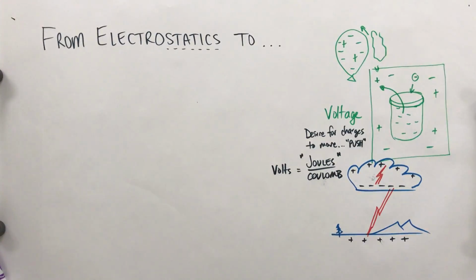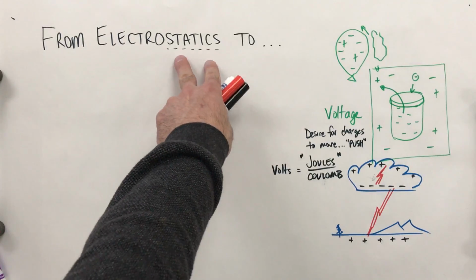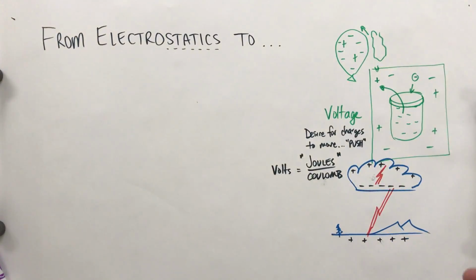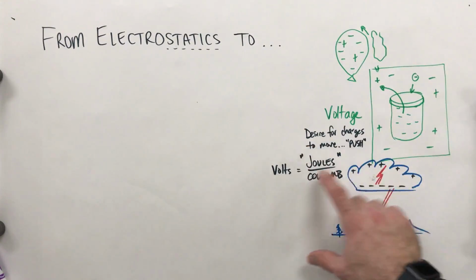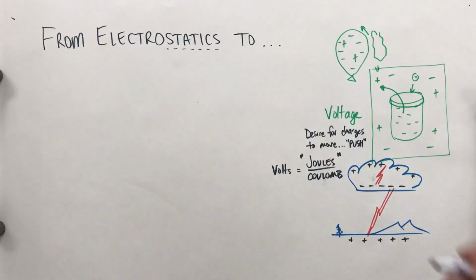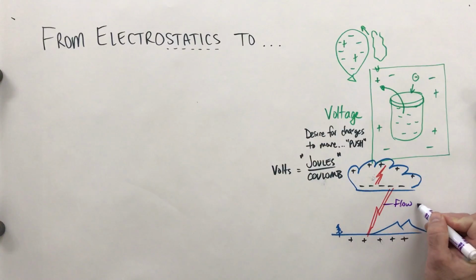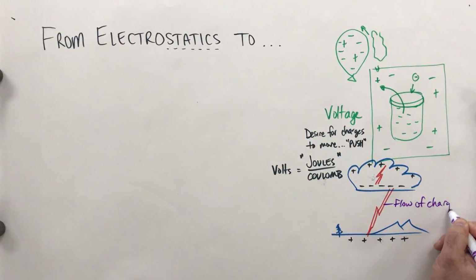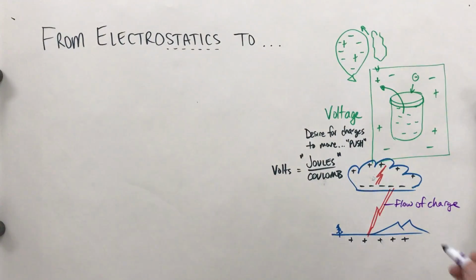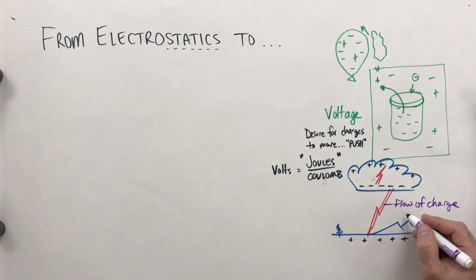Now, the next concept that's important in this idea of not just electrostatic sitting still, but more interesting charges moving, is once this voltage builds up great enough, like we saw in the cloud, and we get charges moving, then we'd have a flow of charges, in this case in the lightning bolt, right? It's a flow of charge. And we would call that a current. So voltage was this desire for charges to move.